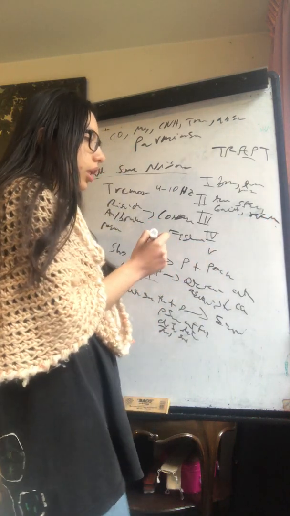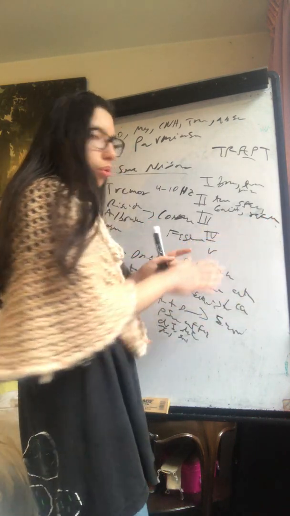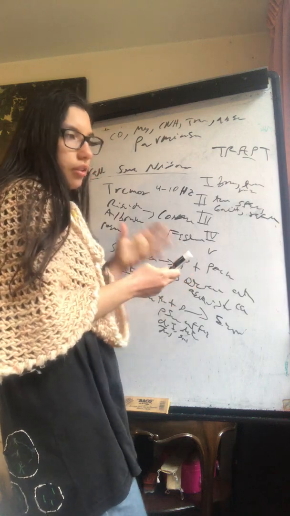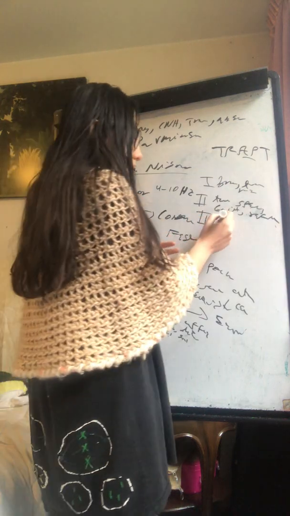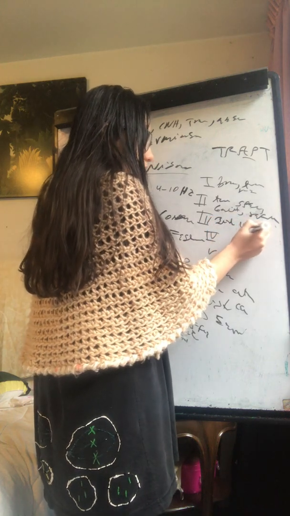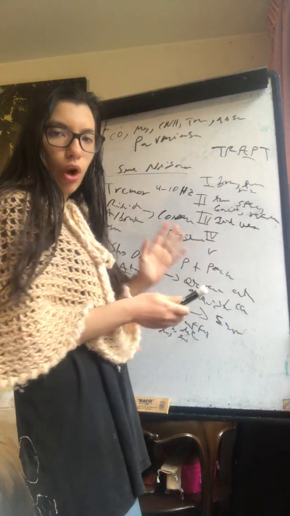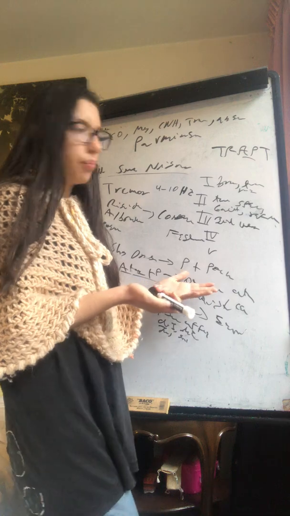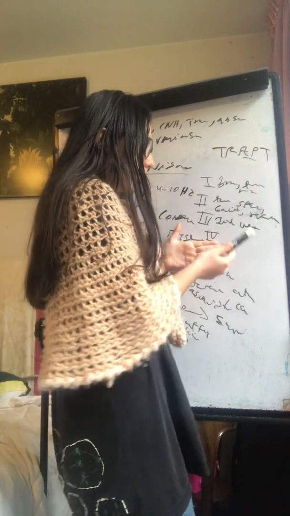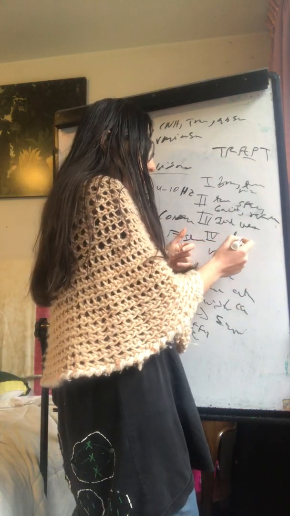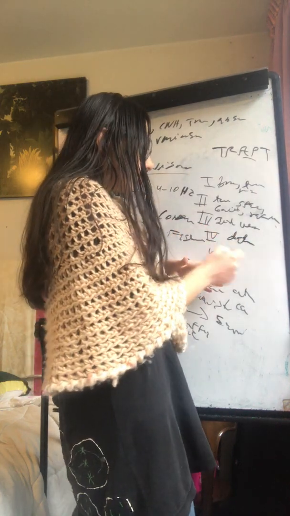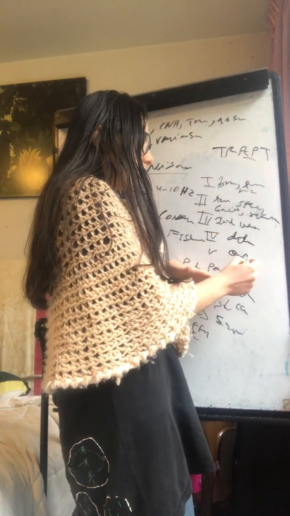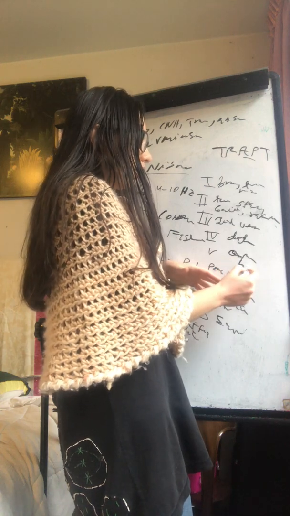In 3, it is the same as 2 but worse, and the patient has bilateral involvement and worsening of the things. But the patient continues to be independent in gait, for example. And in stage 4, the patient is now dependent on other family members to walk. And in 5, the patient is confined to a bed or wheelchair.